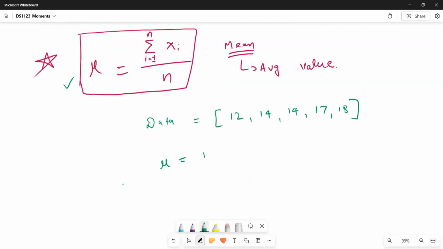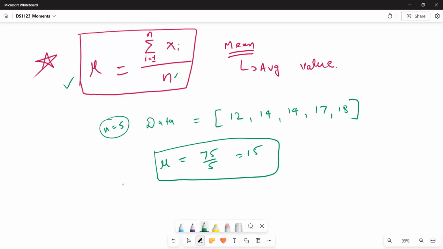The formula is the summation of x i divided by n. You can expand this formula since n equals 5 here. We add up all these numbers together and divide by the total number of elements, which is 5. So this is 75 by 5, which is 15. So the mean of this data is 15.